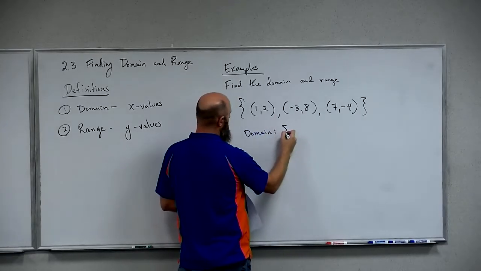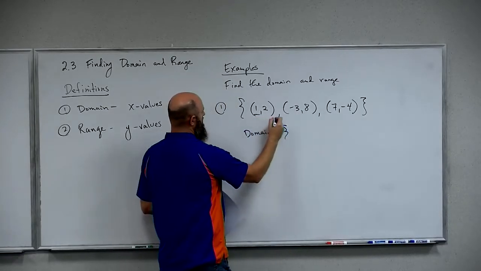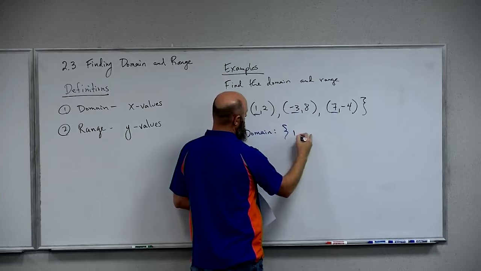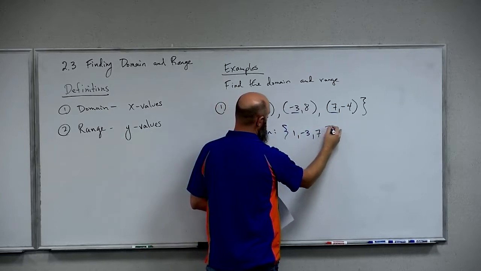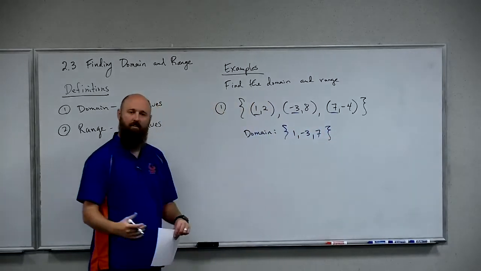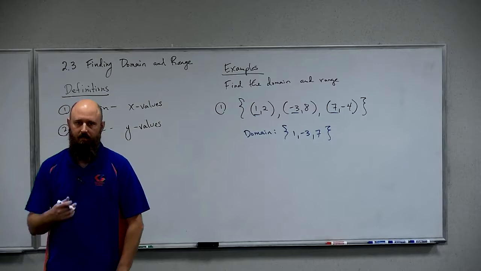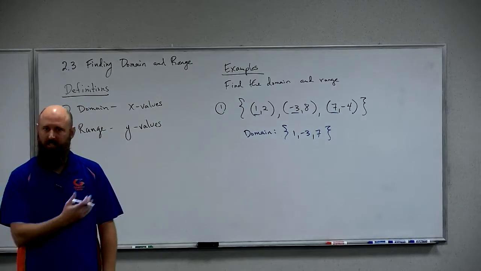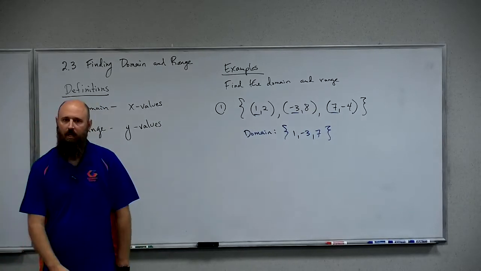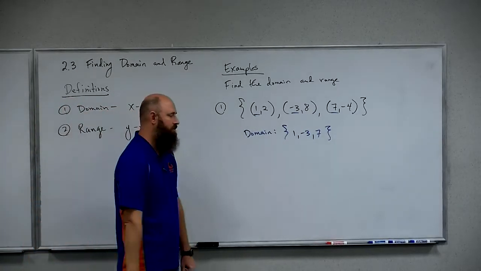Because these are just going to be numbers, it's going to be a set. Remember that our domain is the x values. So 1, -3, and 7. It doesn't matter the order. If you want to put it least to greatest, you can do that. I typically just work through my ordered pairs and list out those x values.